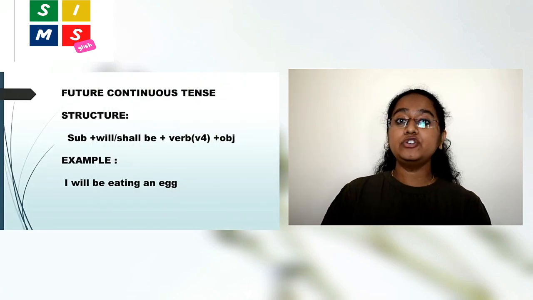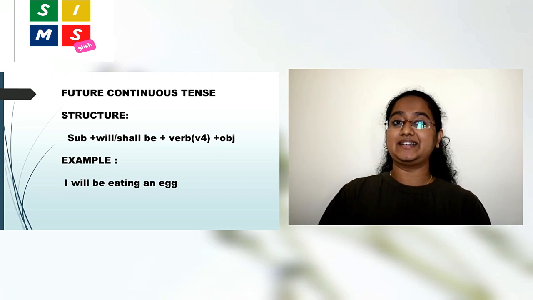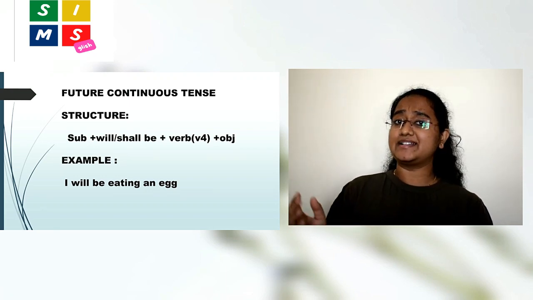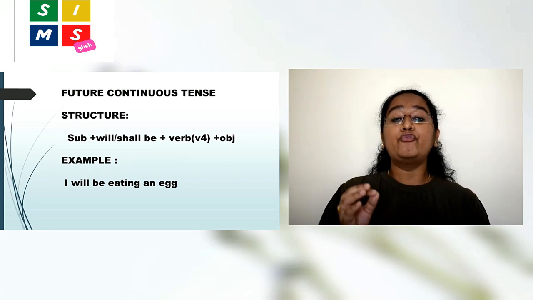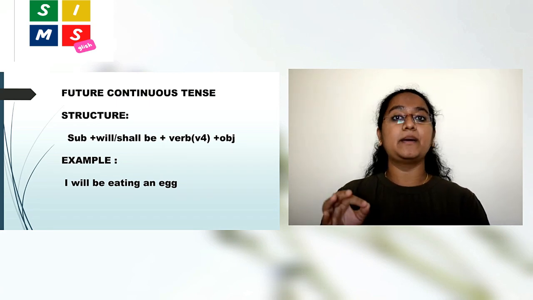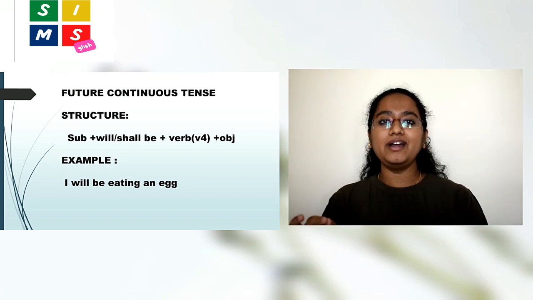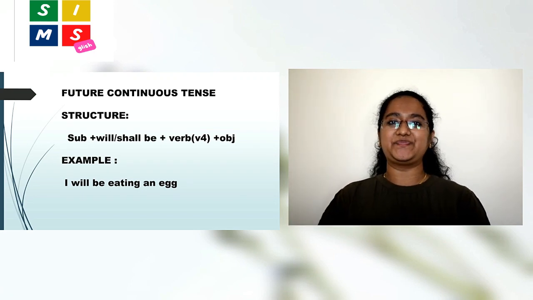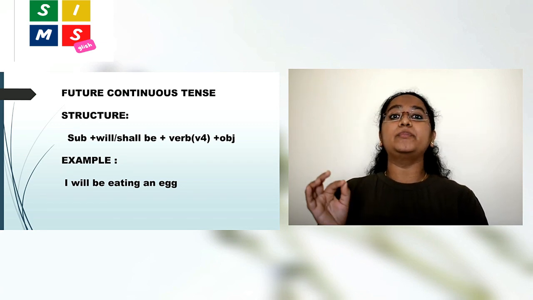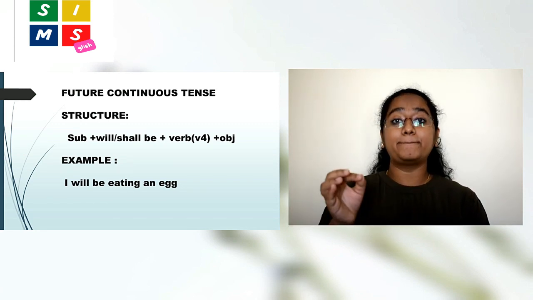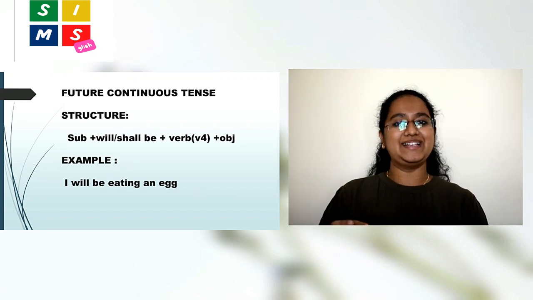And next, we will move on to future continuous tense. And in future continuous tense, the structure is subject plus will be or shall be plus V4 plus object.